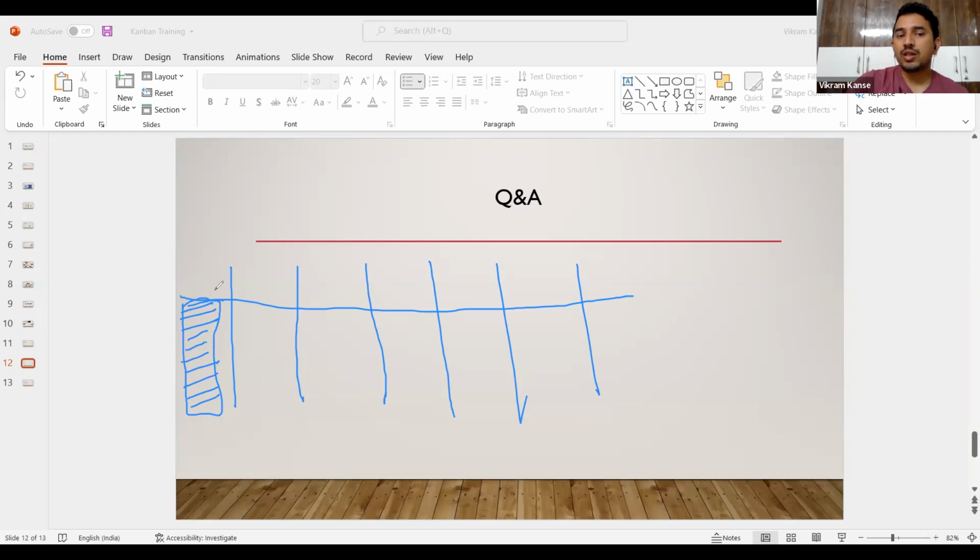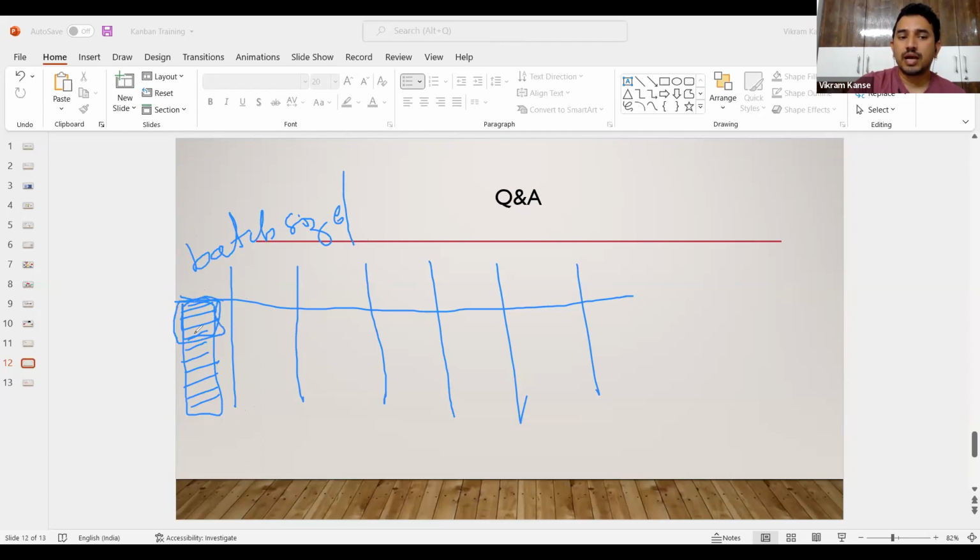If I'm taking all the 100 in one go, that is my batch size, the amount of work that I'm taking. But I have restrictions and limitations. I do not have the capacity to deal with the entire batch of 100. So I'll reduce this batch.